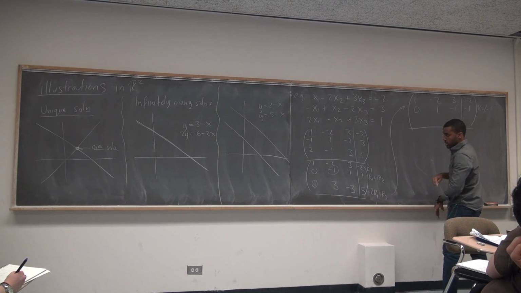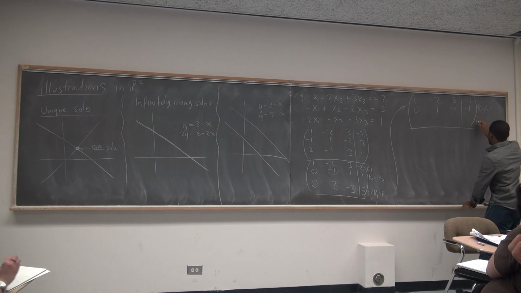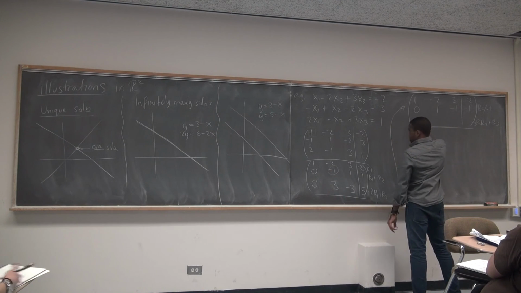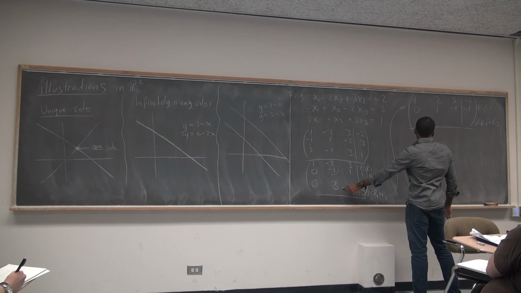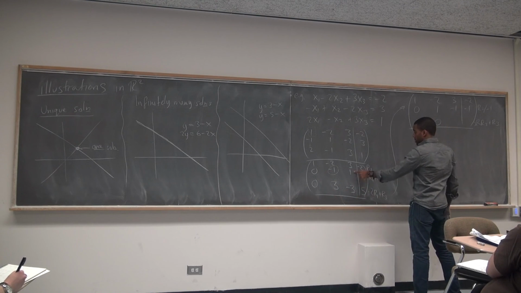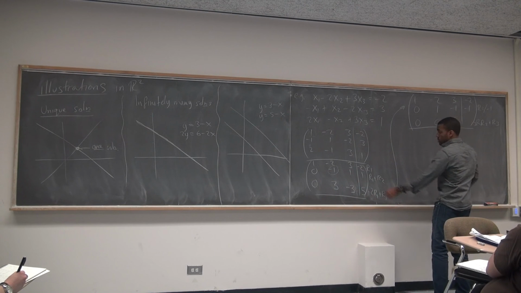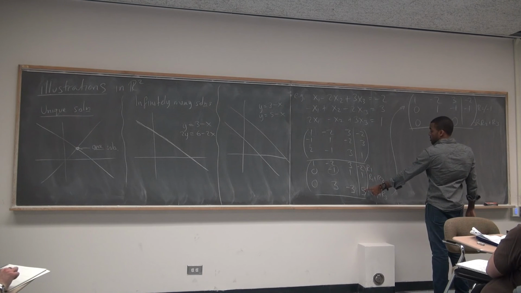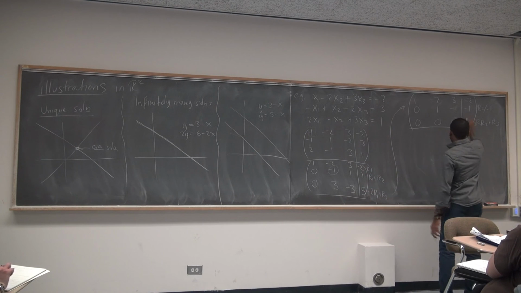So what can I do here? I can just take 3 times row 2 plus row 3. So 0 plus 0, boom, minus 3 plus 3, 0, 3 minus 3, 0, and this is 3 plus 5, 8.